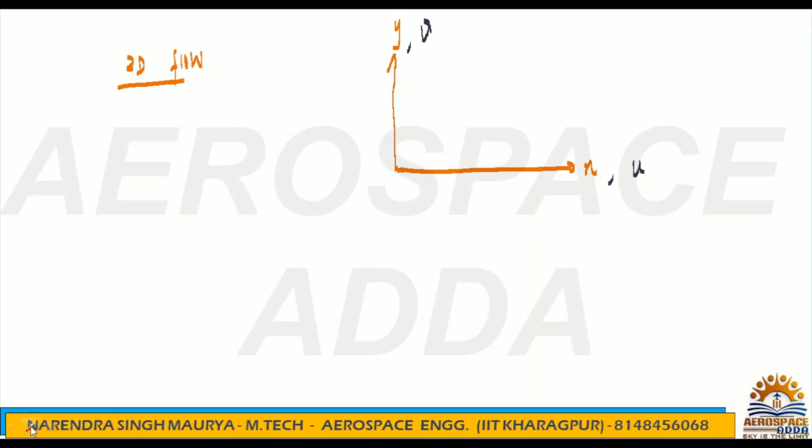Last class also I had discussed this. For 2D, the velocity vector capital V is ui plus vj. u is the component of velocity in the x direction and v is the component of velocity in the y direction. So in 2D you have to show this.